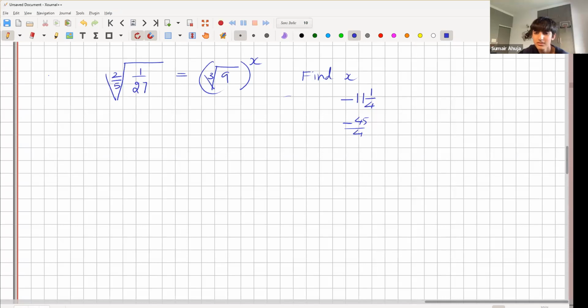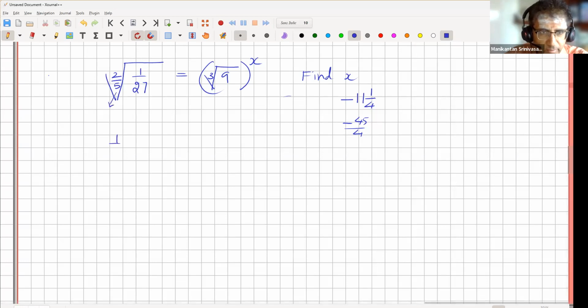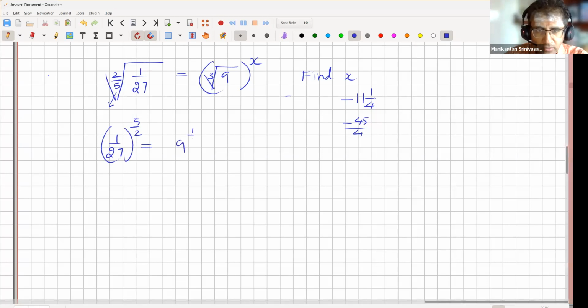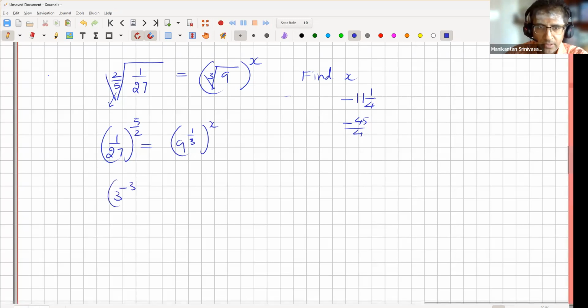I don't get this thing, so. Okay, so let's discuss. First of all, when I have some number here, like 2/5, that means it's 1 by 27 power, the reciprocal of whatever is sitting here, plus power 5 by 2. Agreed? So this should match this. And then obviously both 27 and 9 are powers of 3. So it's 3 power minus 3 here, 1 upon 3 power 3, power 5 by 2.